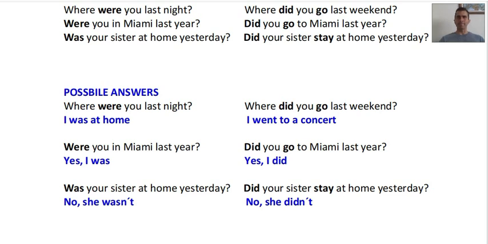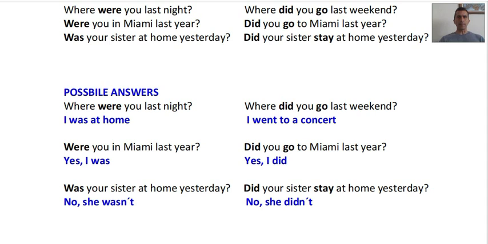¿Ok? La segunda columna, con did. Where did you go last weekend? I went to a concert. Did you go to Miami last year? Yes, I did. Did your sister stay at home yesterday? No, she didn't.